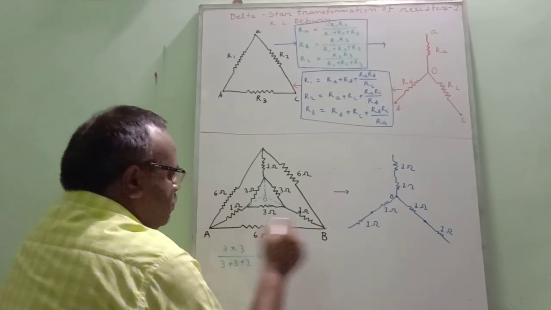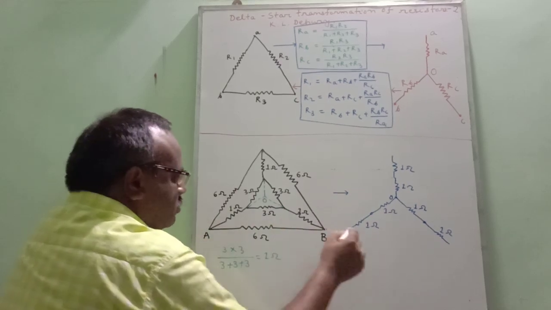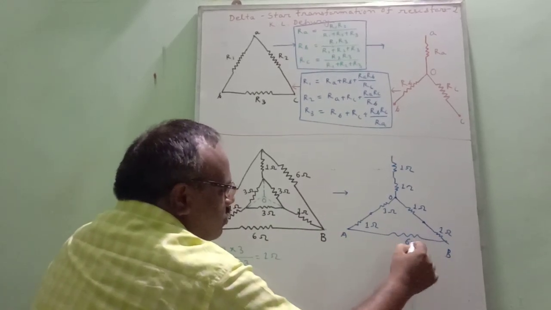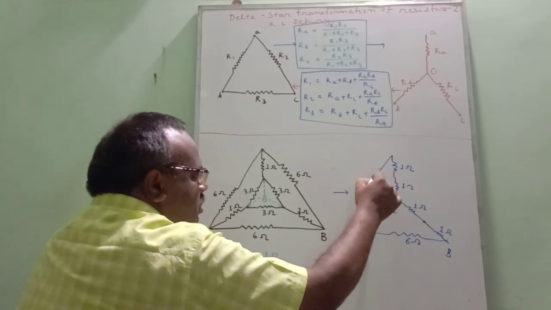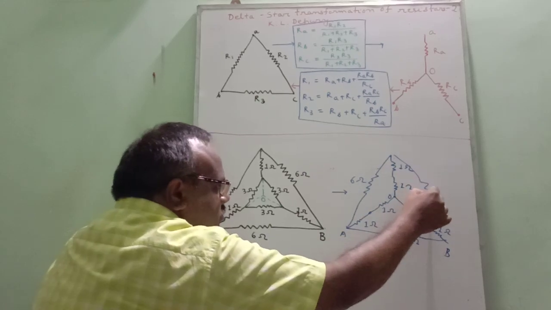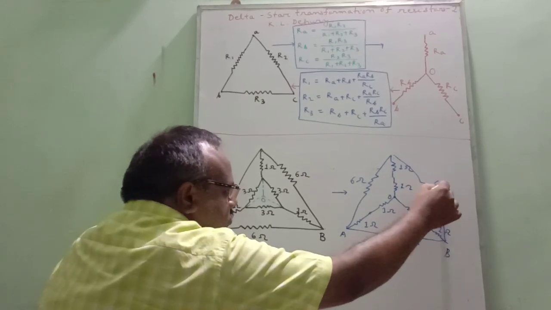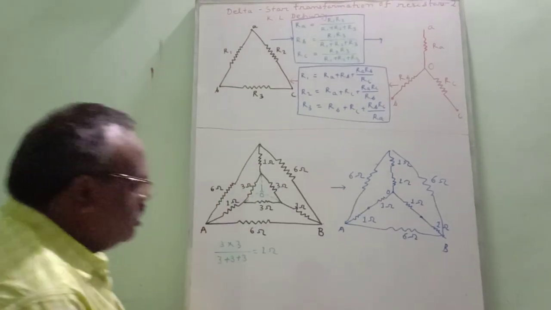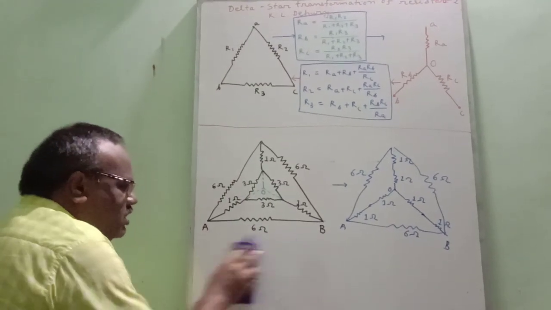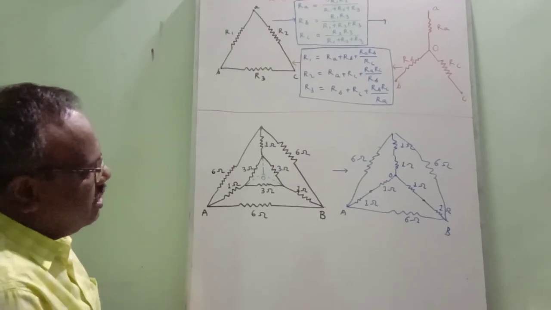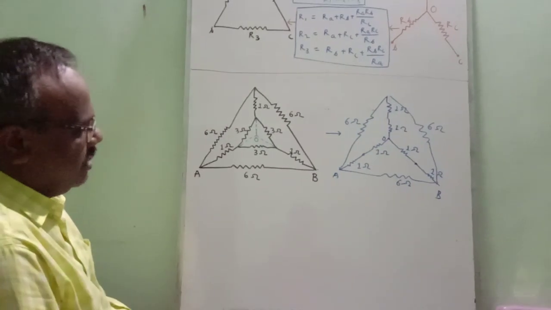Now this point is A, this point is B, and here there is 6 ohm. Here there is also 6 ohm. Others, this is 6 ohm. Now after doing one transformation, you have to see whether there is a series or parallel combination or not.